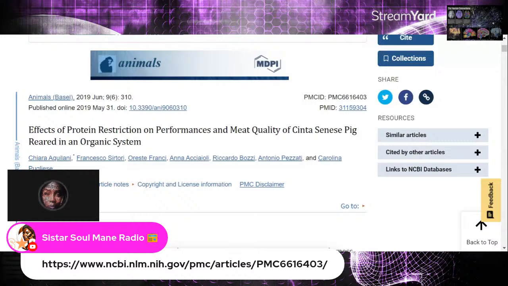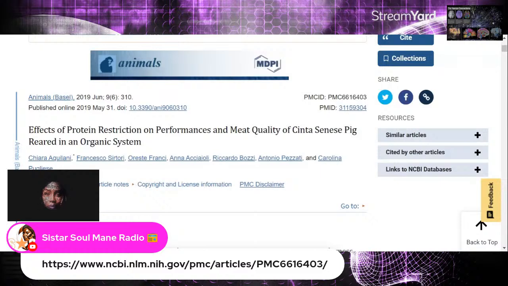I'm about to put it in the chat because I want y'all to check this out. It shows that they absorb the fat from pigs, pork. You think you're eating protein to build muscle, gentlemen, but it's actually pig fat.